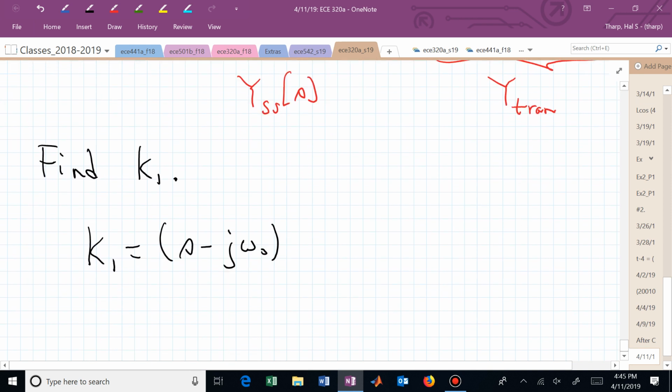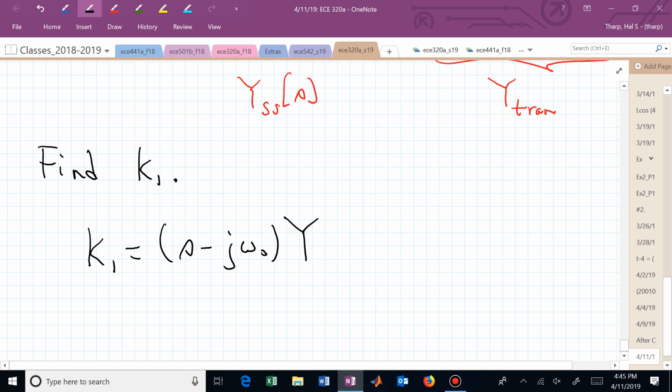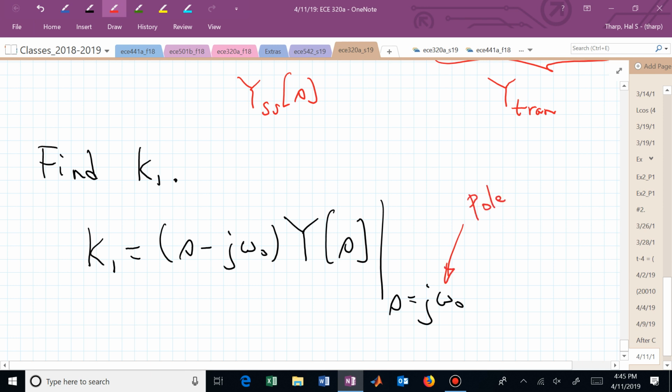So now we have this evaluated at S equal to J omega naught, where this is now the pole in the upper half of the S plane on the J omega axis.